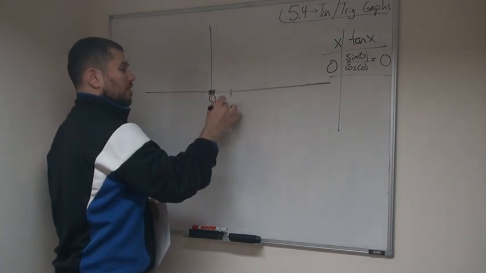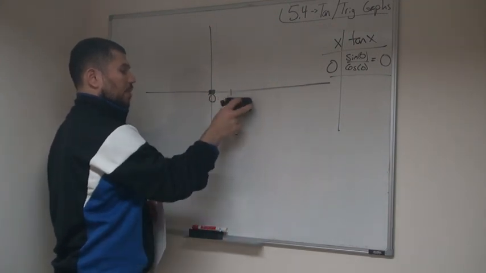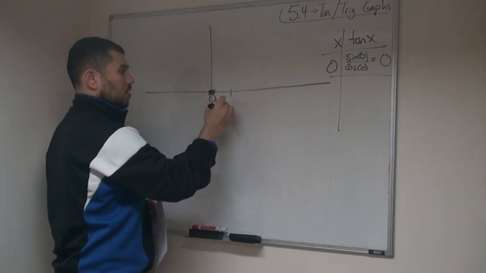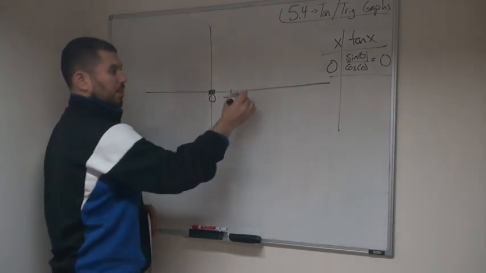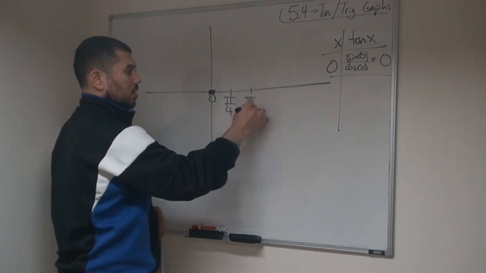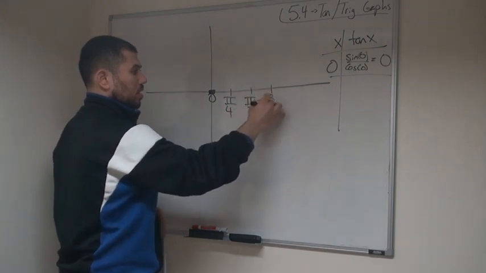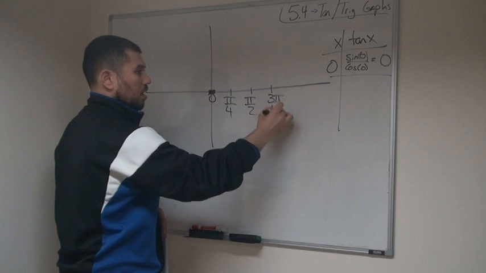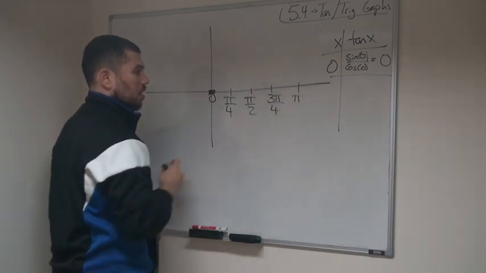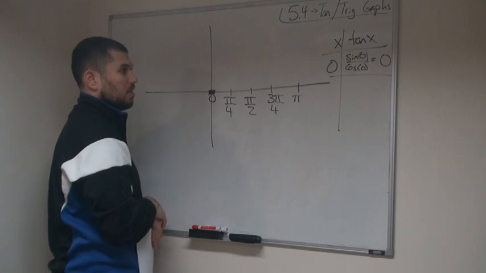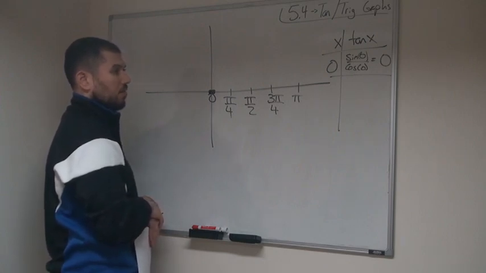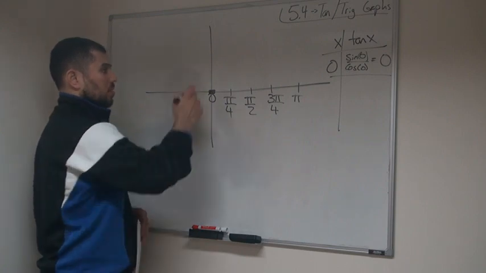Now at 45 degrees, if I want to go 45 or pi over 4, that's if you want your axis tick marked in pi over 4. We know that at pi over 4 radians, or 45 degrees, sine of 45 over the cosine of 45 is going to be a 1.